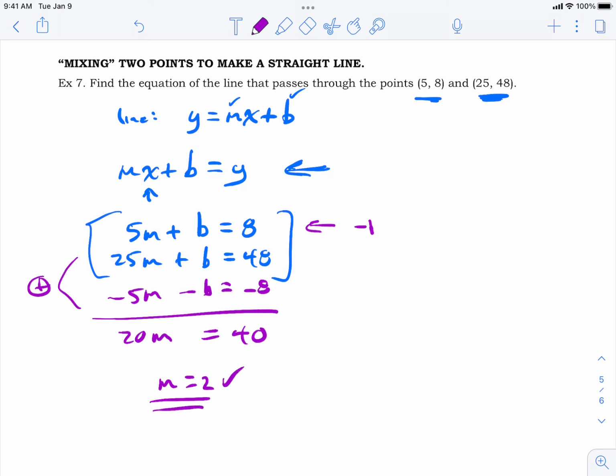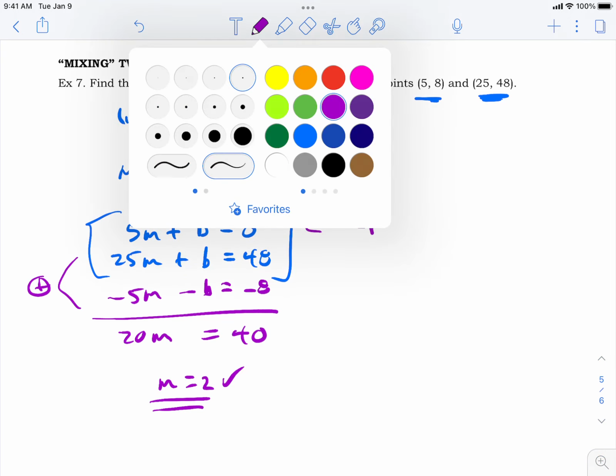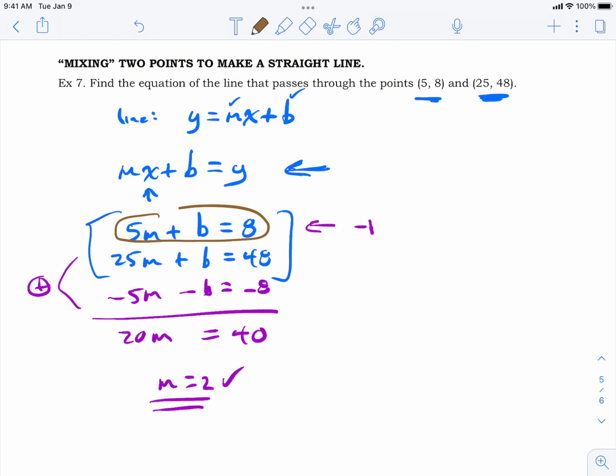Woohoo! And now you can come back to any of these equations, like maybe this one. In fact, let's change colors here. Brown. I don't use brown very often. So you got 5 times the m, which is 2, plugging it in up here, plus b equals 8. So that's a 10.